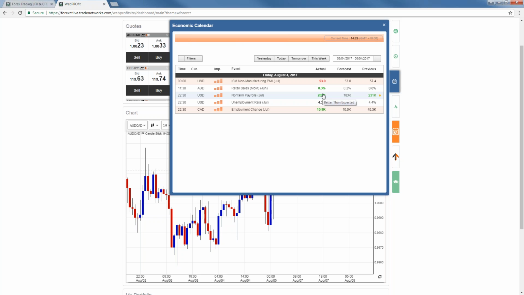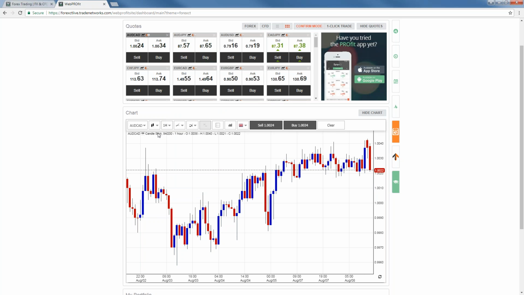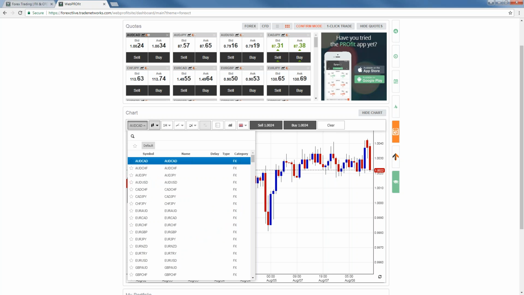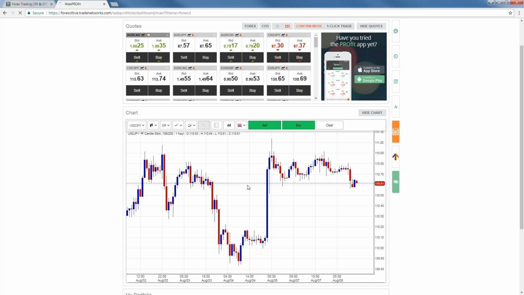And if the output's greater, then there's a higher likelihood of increased inflation and increased interest rates attached to a currency. So we've got a result last week where 209 jobs were created, better than the expected forecast of 183. So let's just have a look at the chart and what happened actually on the US dollar Japanese yen. And we'll have a quick look going back to an hourly time frame here.